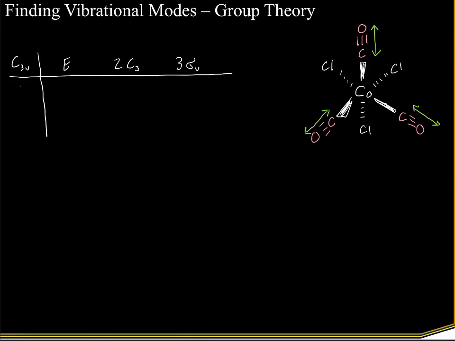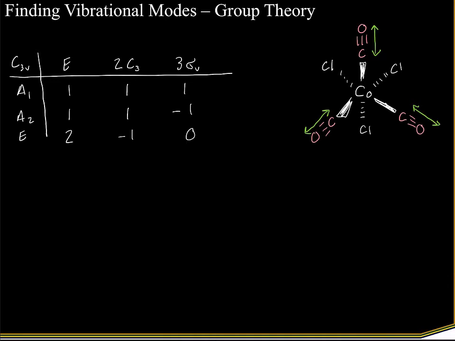We can fill in our lines. So we have an A1, an A2, and an E. We have our spherically symmetric case, where everything is a 1, A2 is 1, 1, minus 1, and our E is a 2, minus 1, 0. So now we have our character table.